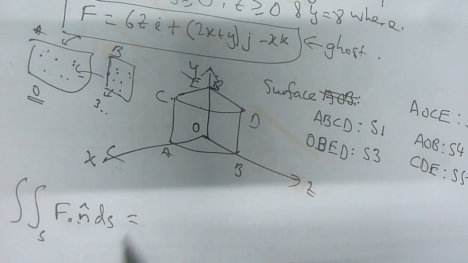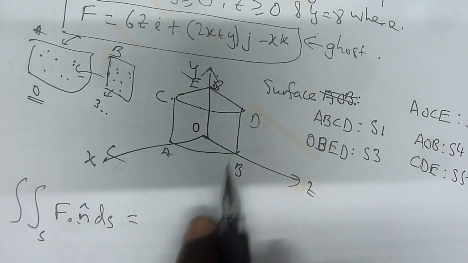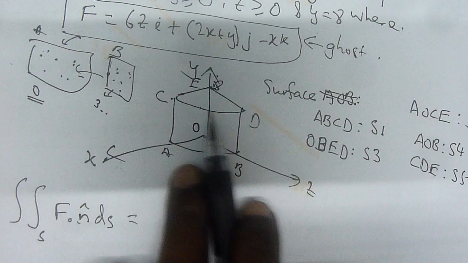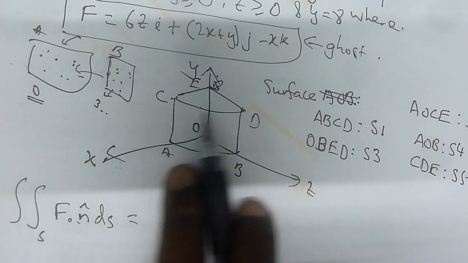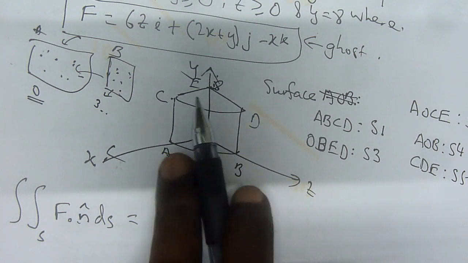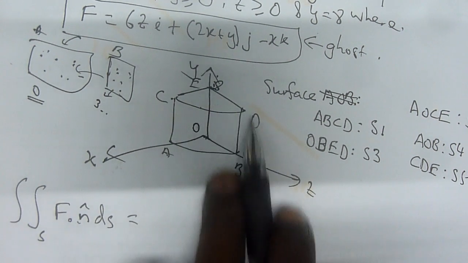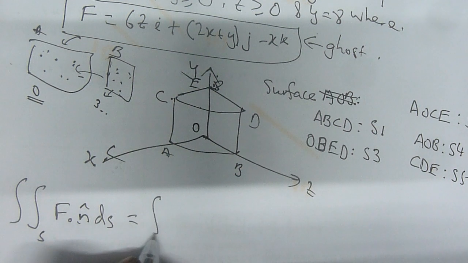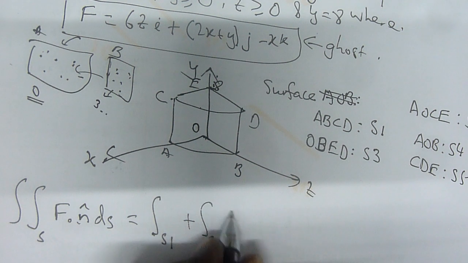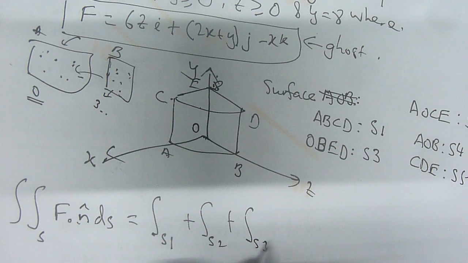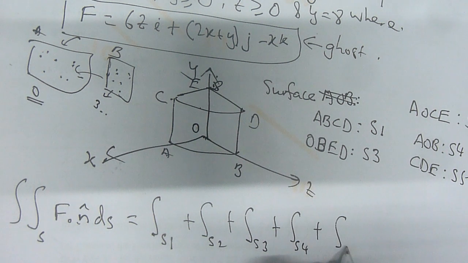When the surface integral, it means we are integrating all the values, the charges that have been generated by this source on these surfaces. Therefore, you need to calculate S1 plus S2 plus S3 plus S4 plus S5.